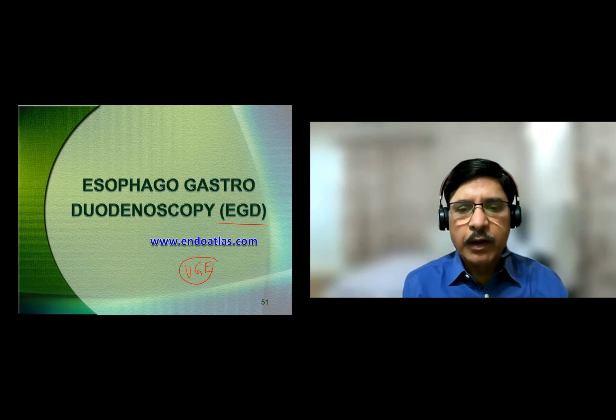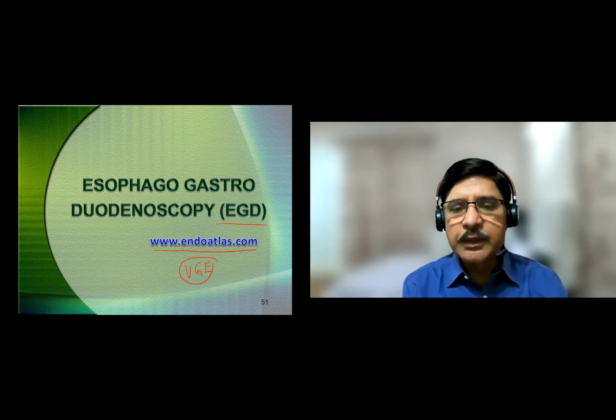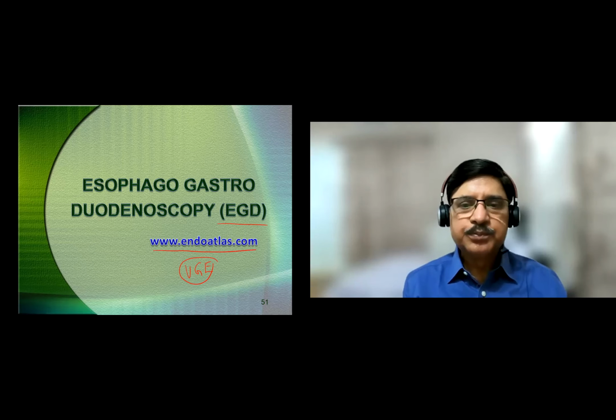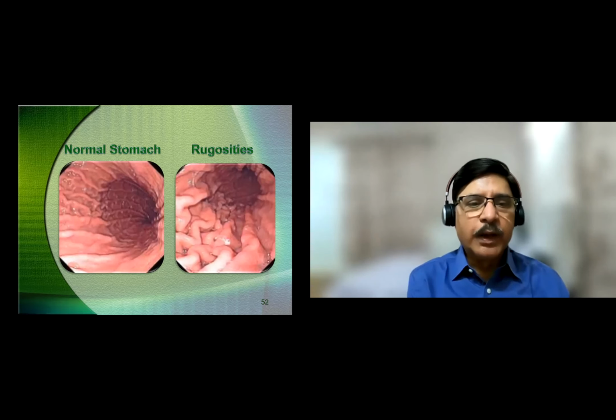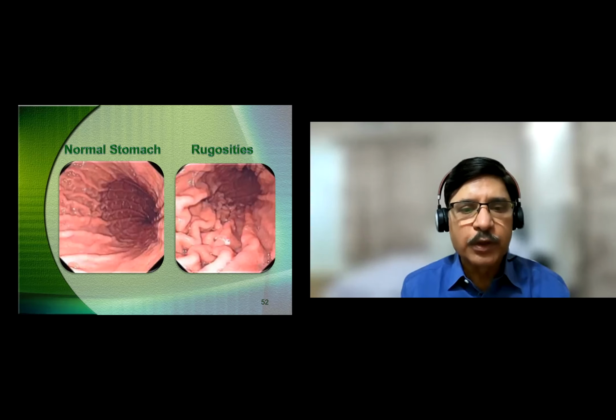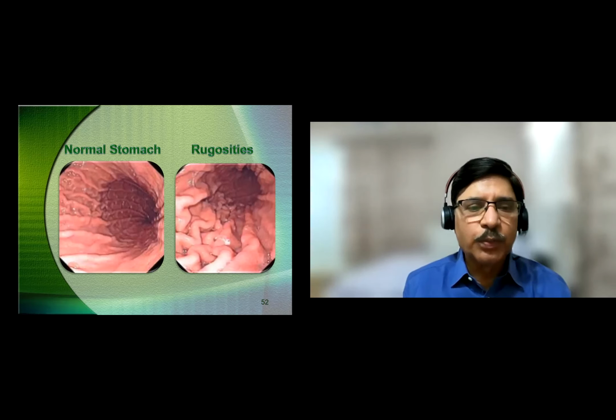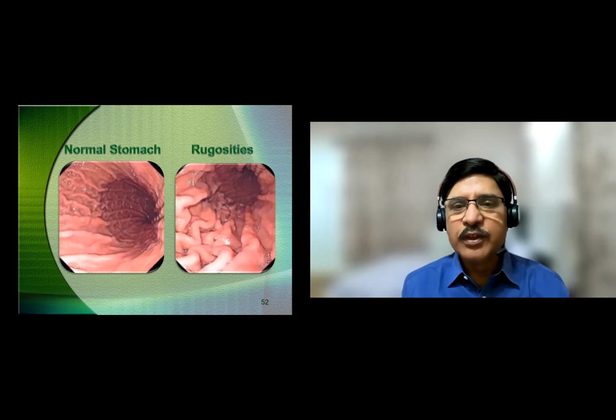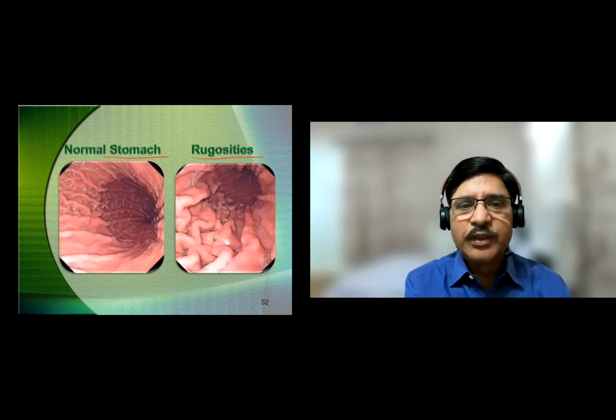I acknowledge with thanks the pictures from endoatlas.com. No commercial interest, only to show the students. This is the normal corrugated rugosity of the stomach. You see the folds of the stomach, so beautiful. And these are the rugosities, a close-up view of the normal stomach.